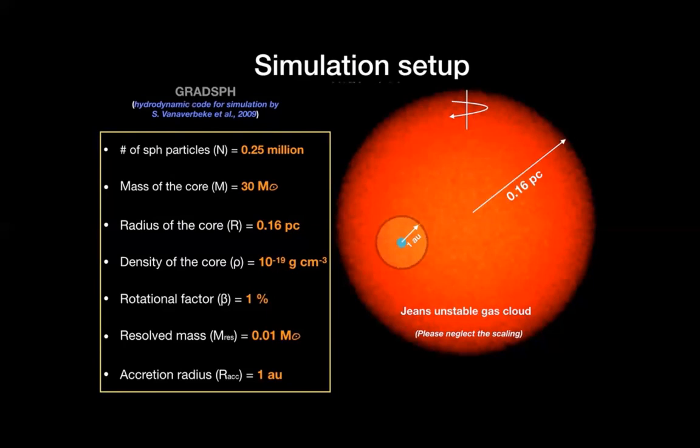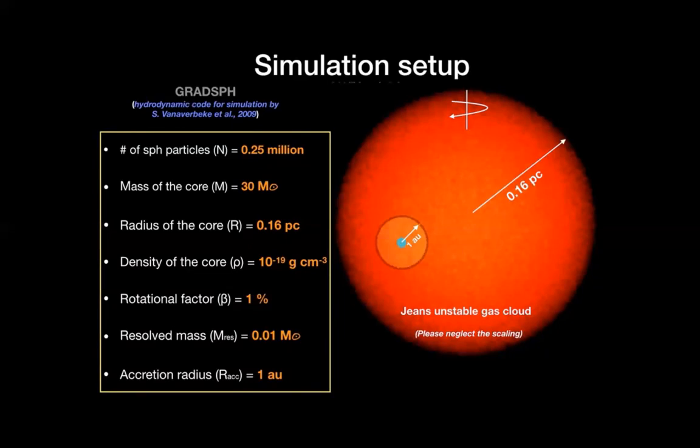It is very important to mention here that when we set up a simulation, we must know to what scale or to what mass the simulation can give us correct results. So we are quite sure that whatever star is forming, if it is of 0.01 M0 and greater than this value, we are resolving it quite well, which means that we are okay with the numerical simulations.